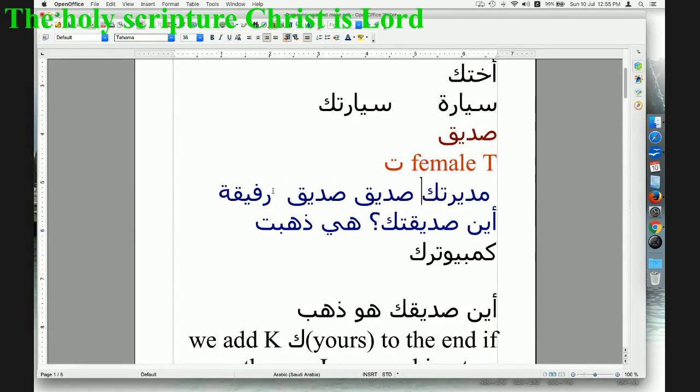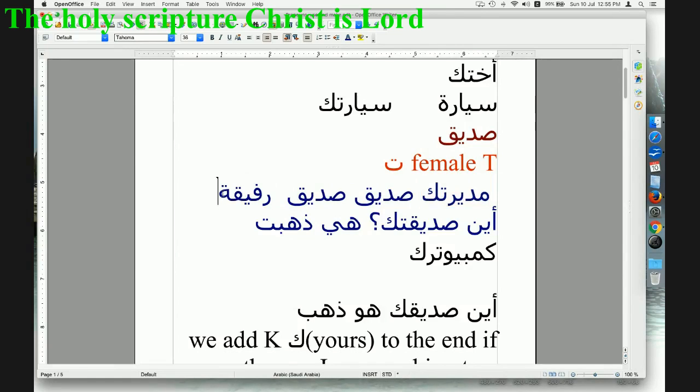I was typing the ta twice. Mudiratuk. Your boss. But this presents a female, because the ta was originally there, and that means Mudira as a female boss. Mudiratuk, your boss, but still a female.